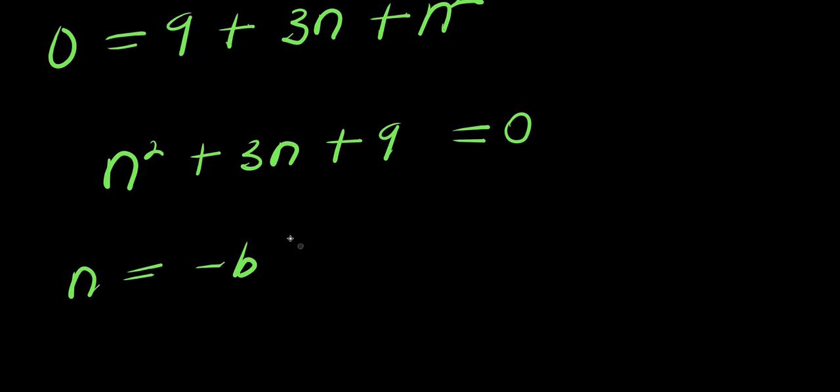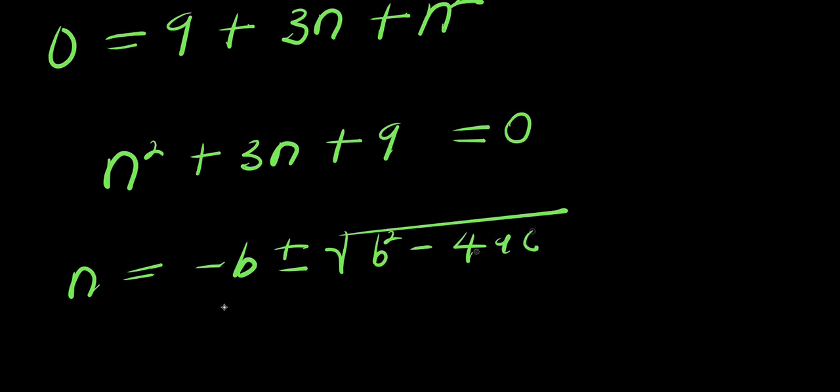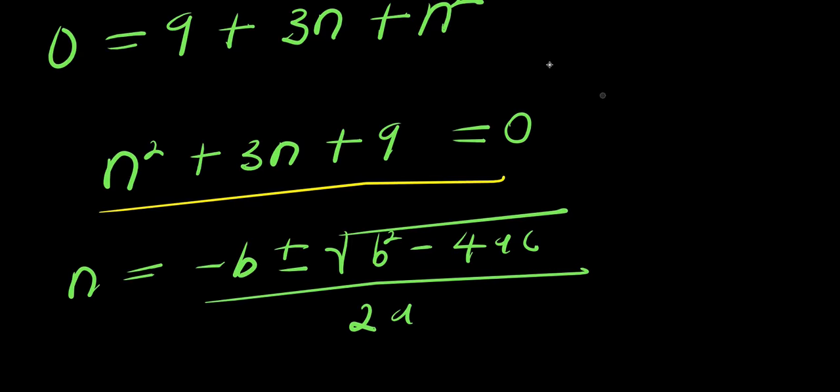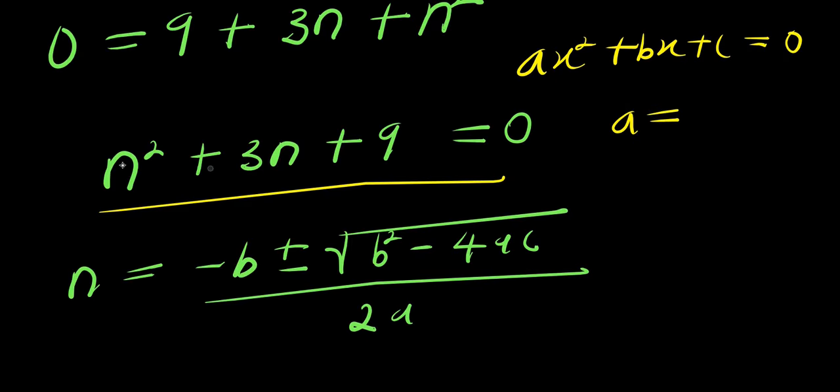n equals negative b plus or minus square root of b squared minus 4ac, divided by 2a. Now, if you compare this to the general quadratic equation, which is ax squared plus bx plus c equals 0, a equals the coefficient of n squared, that is 1, b equals the coefficient of n, that is 3, c equals this, that is 9.